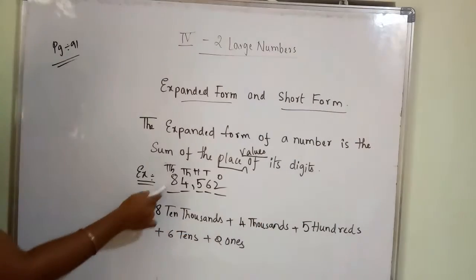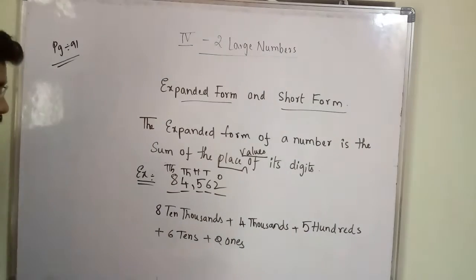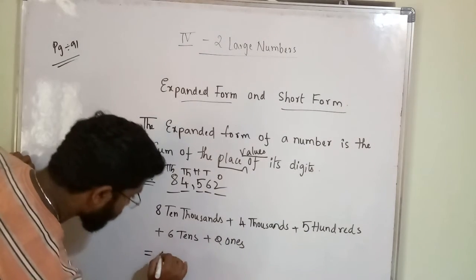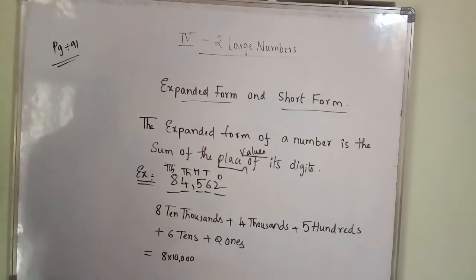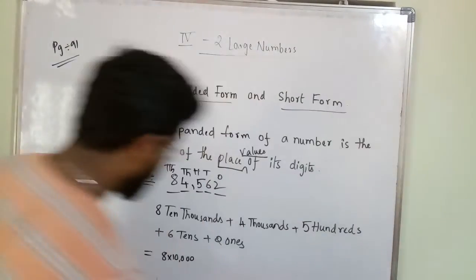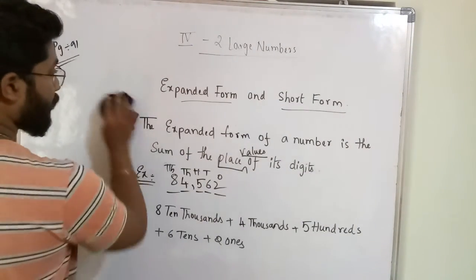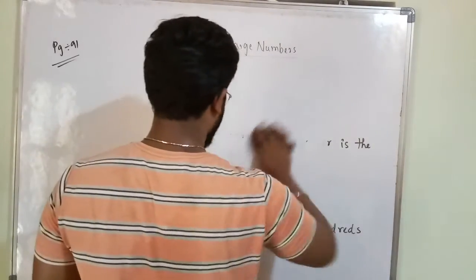How? 8 10,000s, 4,000s, 500s, 6 tens, 2 ones. So 8 10,000s means 8 into 10,000. Okay, I will write it above so that it is very visible for you. It will be very clear for you.